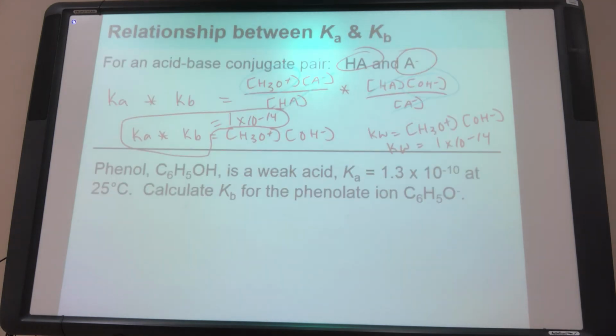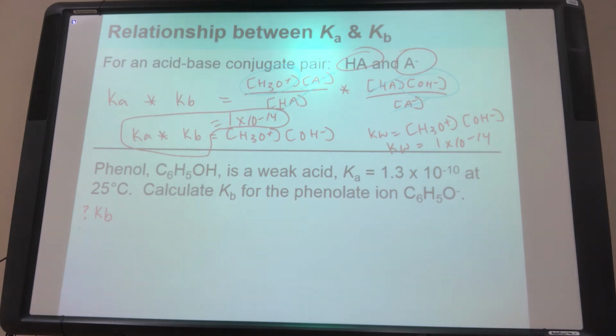All right, so let's do this problem. Phenol, C6H5OH, is a weak acid. Here's my Ka at 25 degrees Celsius. Calculate Kb for the phenolate ion. So what am I looking for? Kb. What do they give me?